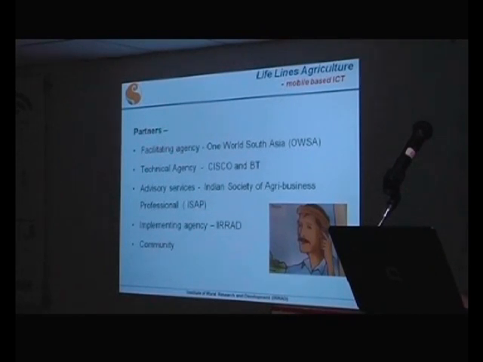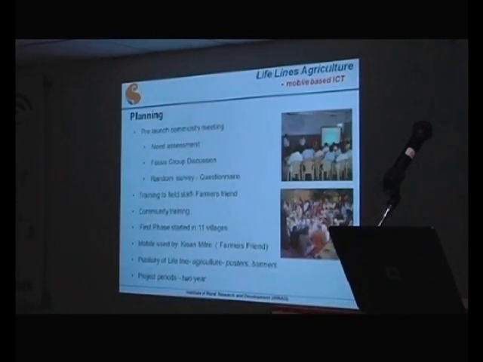Of course, the community was also a partner, because it's all about the community, to provide them the right information at the right time. How we started this program: we conducted a pre-launch community meeting to understand what the community response was.